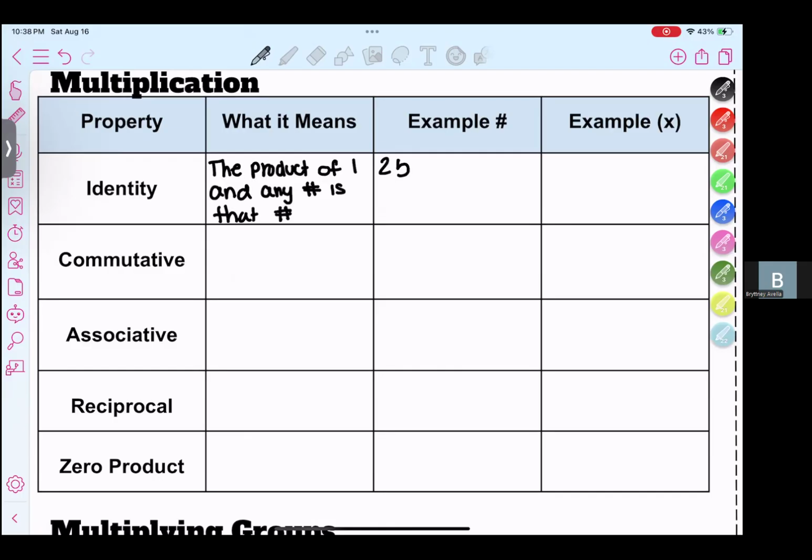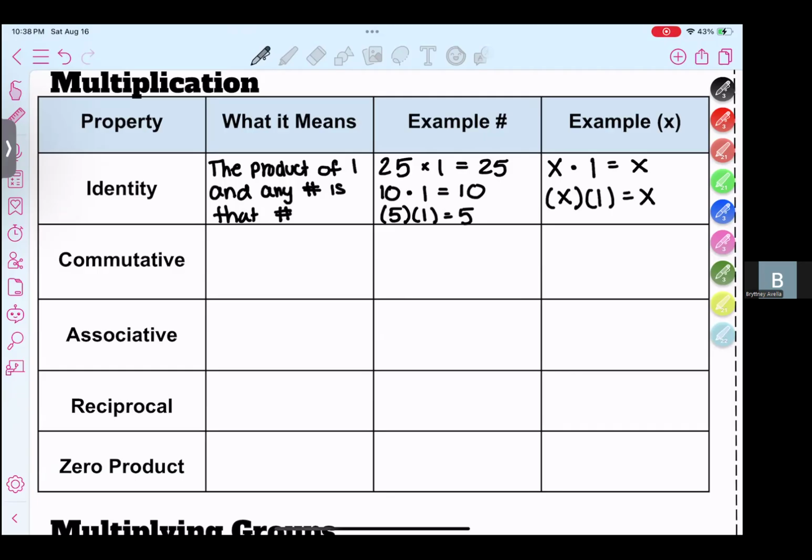So 25 times 1 gives us 25. 10 times 1 gives us 10. 5 times 1 gives us 5, right? So any number times 1 just gives you that number itself. And so written with x, we're going to have x times 1 equals x, or you could say x times 1 is x.